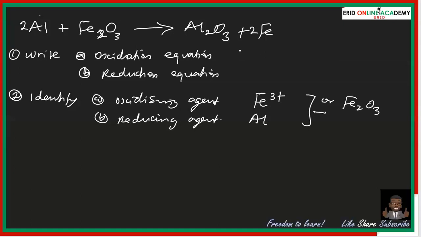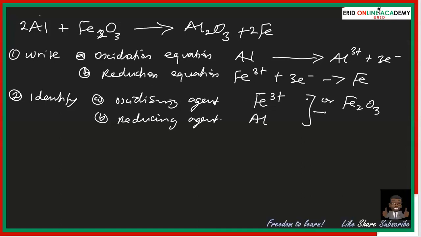Aluminum. So we have Al, it's going to lose 3 electrons to form Al 3 plus, while your Fe 3 plus is going to gain 3 electrons to form iron.